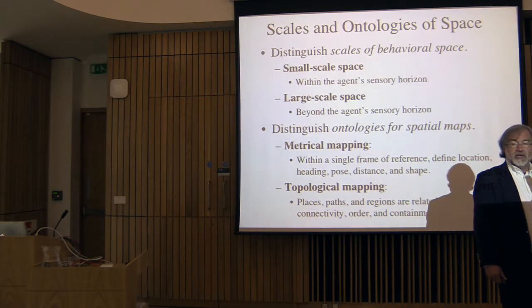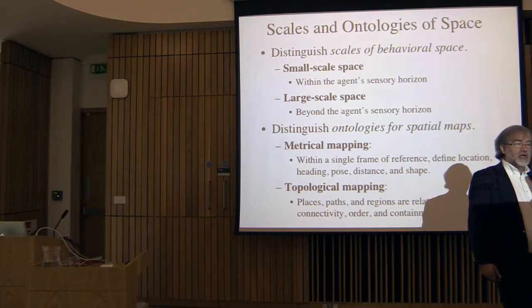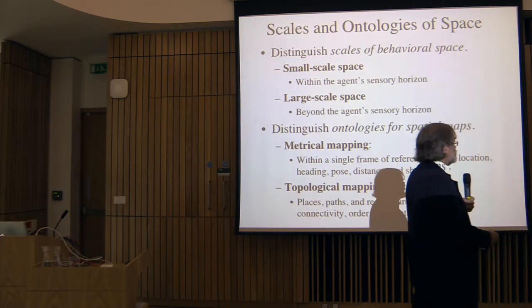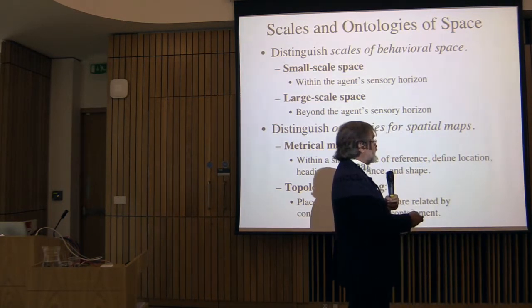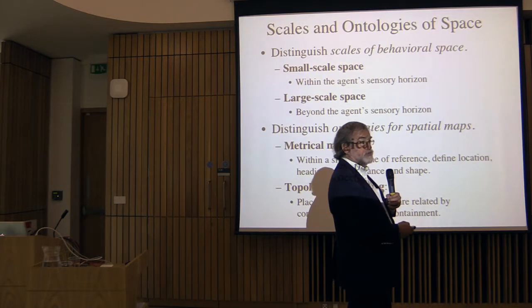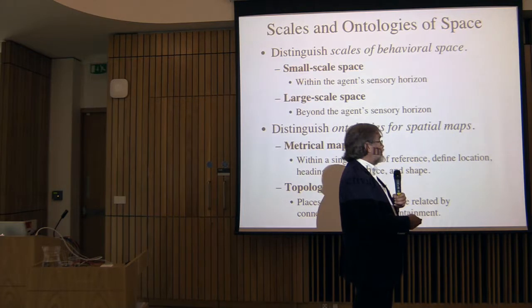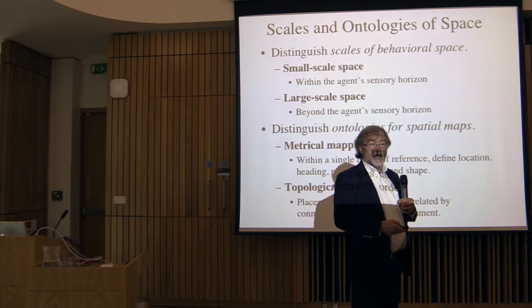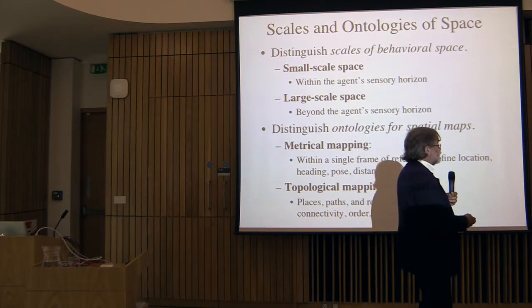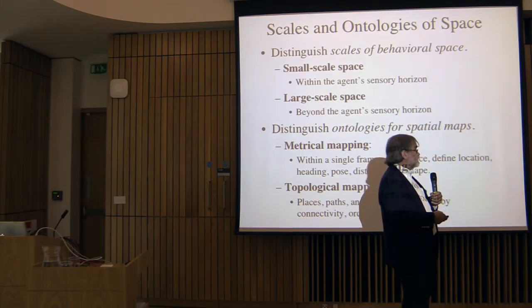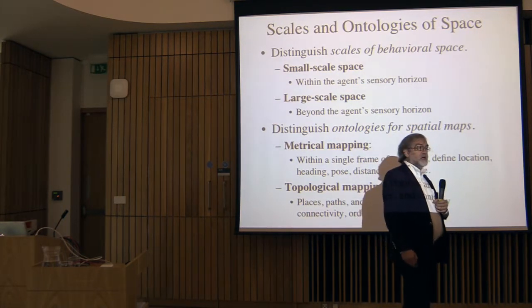So it's what is there and what can you say about things in the world? One relevant ontology is metrical mapping. When people first come into this question of spatial knowledge, people think of metrical maps. A metrical map is characterized by a single geometrical frame of reference in which you can define locations, headings, pose, distance, shape, things like that.